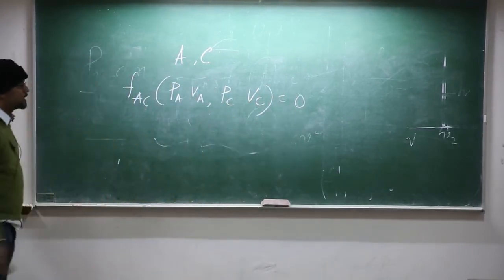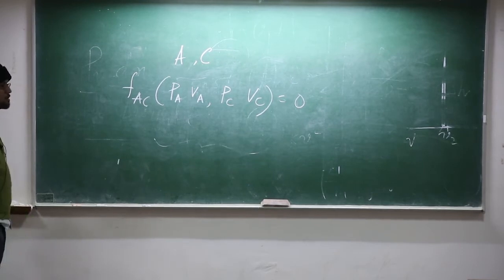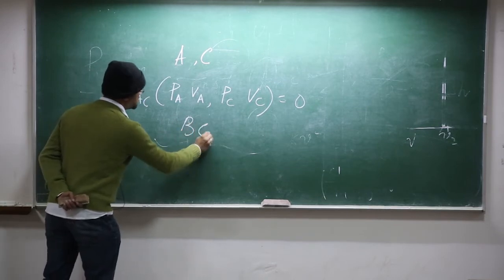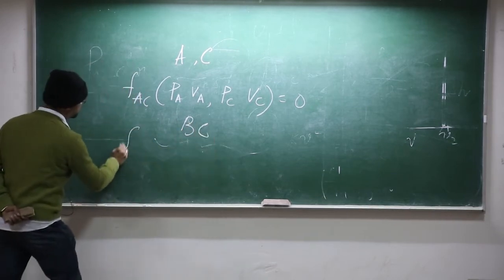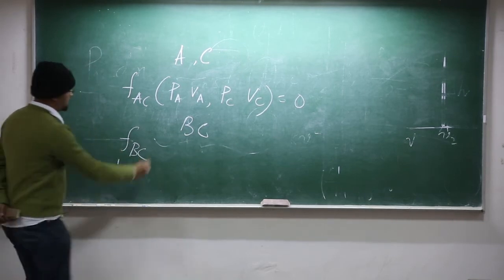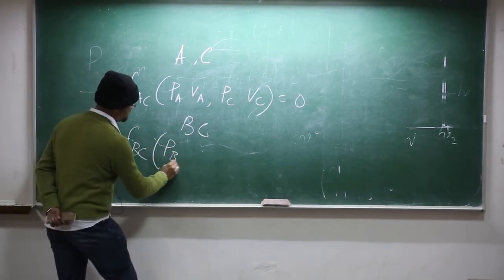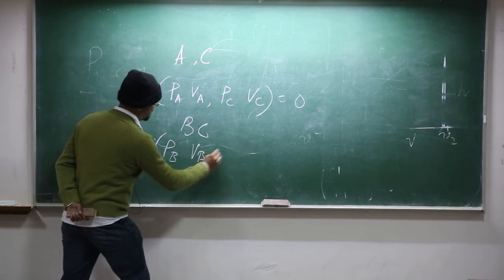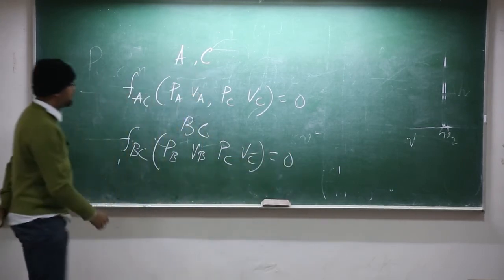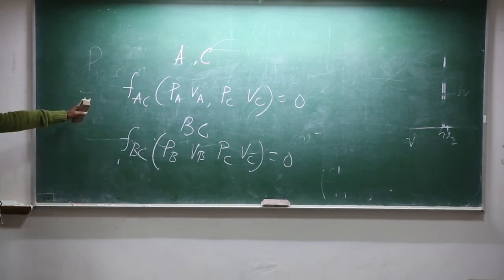This is the meaning of A and C being in equilibrium. In the same way, when you say B and C are in equilibrium, you will have some different function FBC, of course, these won't be the same function, which is FBC(PB, VB, PC, VC) equals 0.